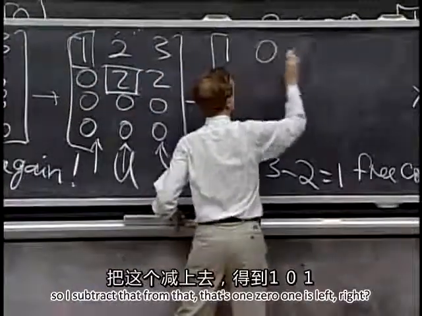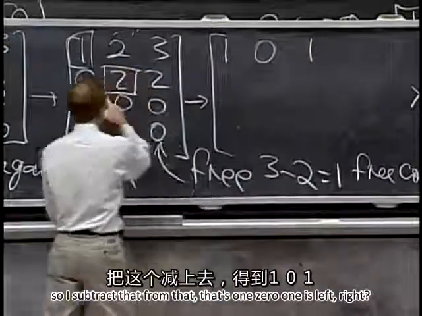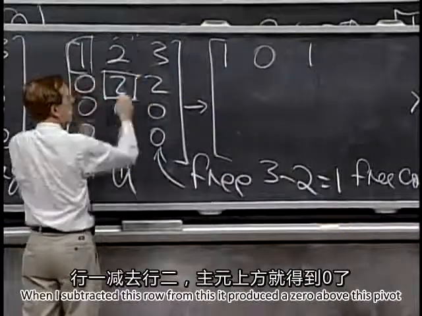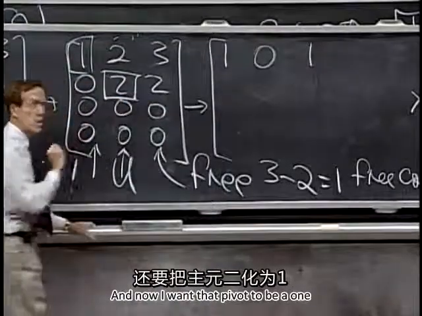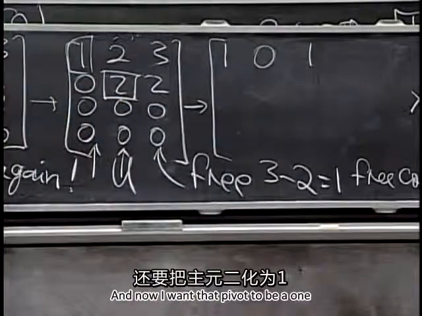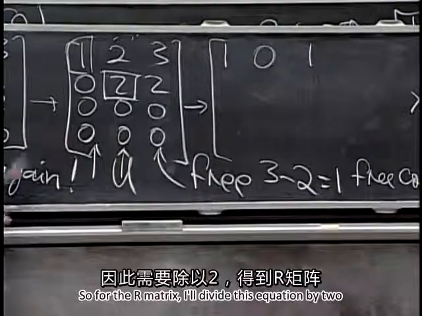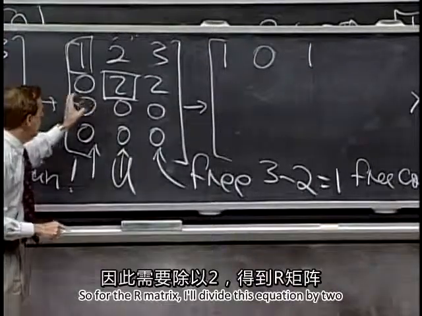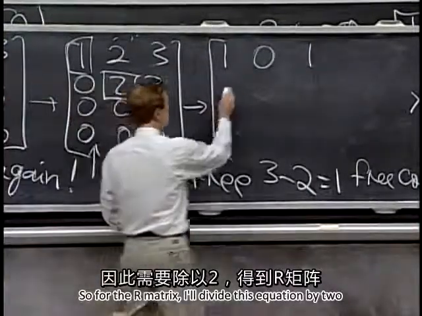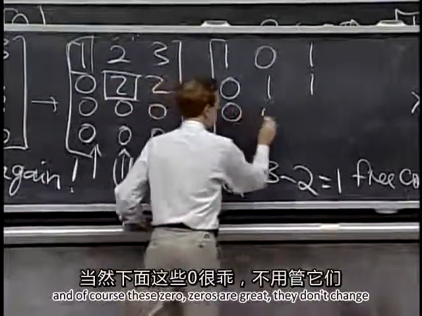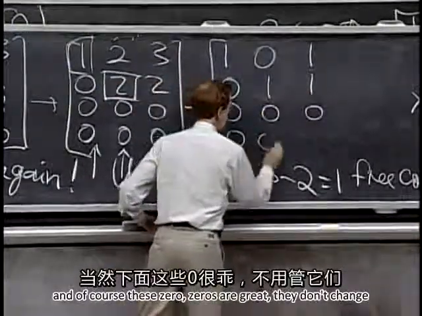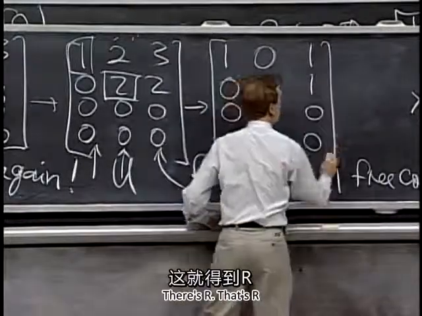That's 1, 0, 1 left. When I subtracted this row from this, it produced a 0 above this pivot. And now I want that pivot to be a 1. So for the R matrix, I'll divide this equation by 2. And of course, these zeros are great. They don't change. That's R.